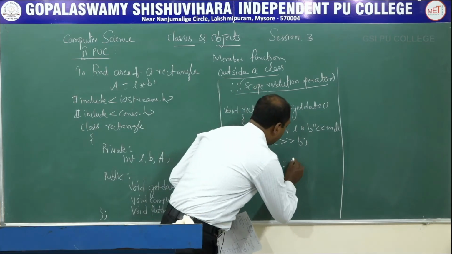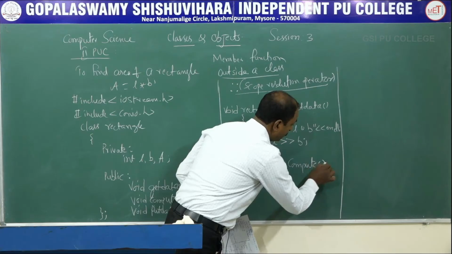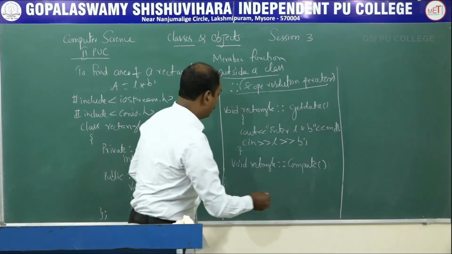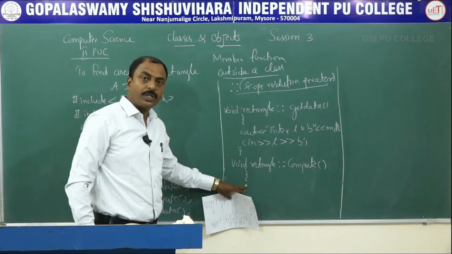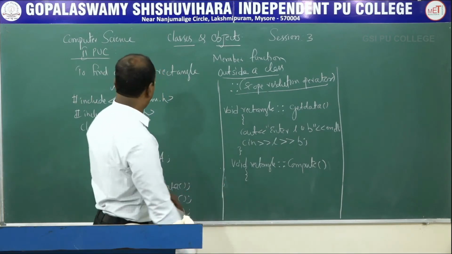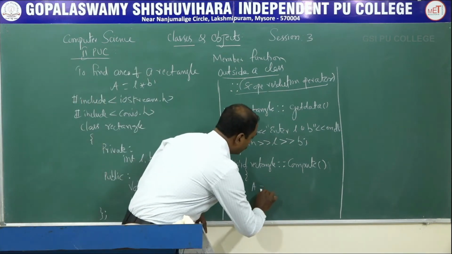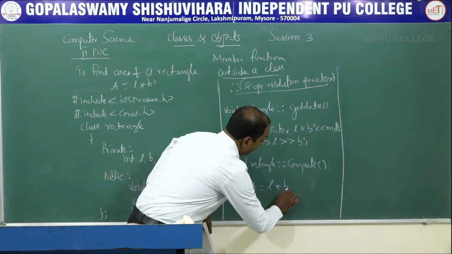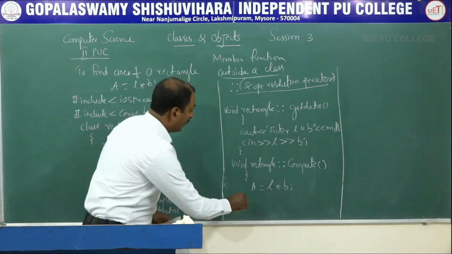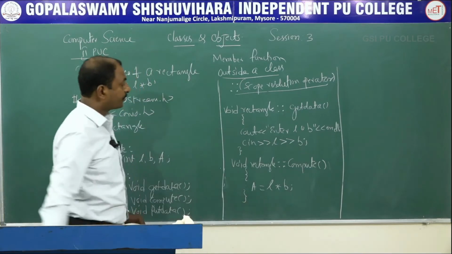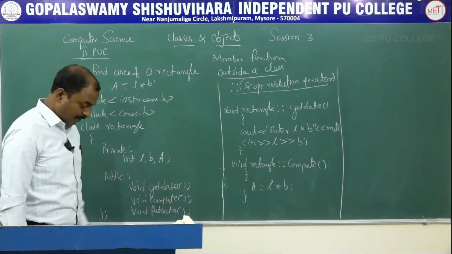Next the definition, and here we have to write the formula to find the area of a rectangle, the variable we have declared as a. So a equals, formula is L star B, asterisk is the multiplication symbol. Now I am closing this. This is the function definition of the second function compute.